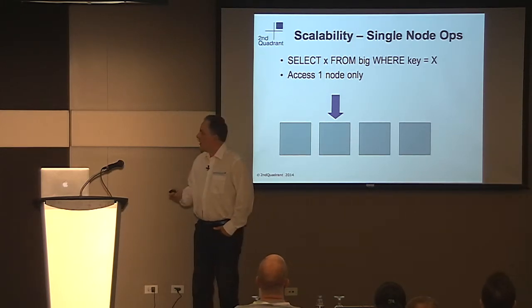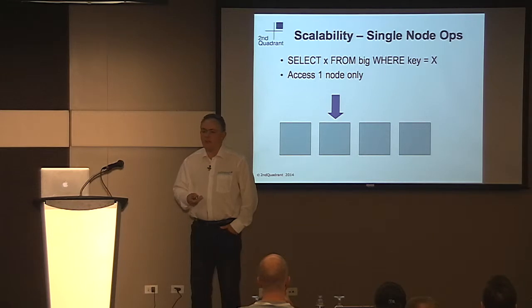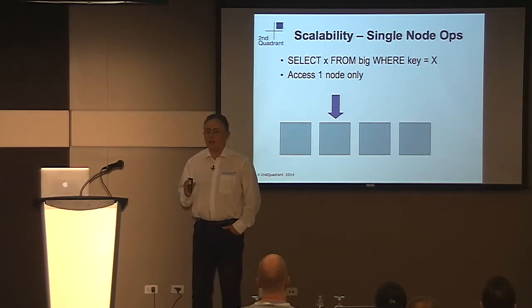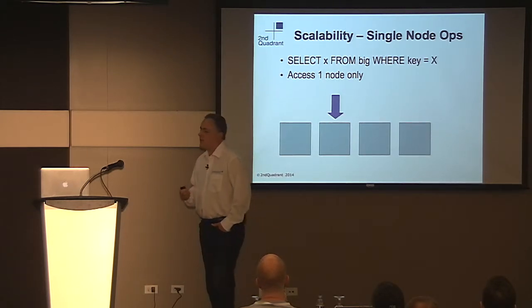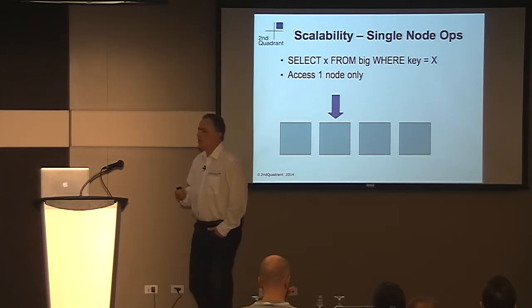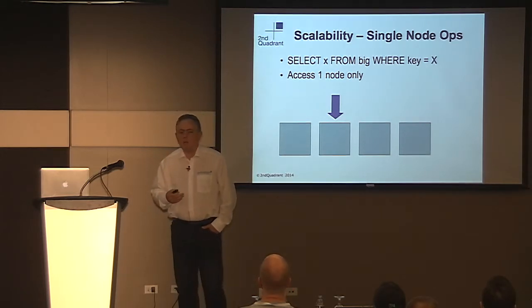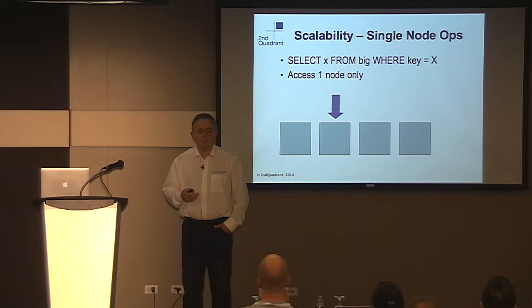So that is a particularly interesting style of request, because if we're able to concentrate our requests down to a single node, it means that we have potential to run more requests when we run on multiple nodes. And that is an important characteristic, in the sense that we're able to scale our workload above that which is capable from a single node.